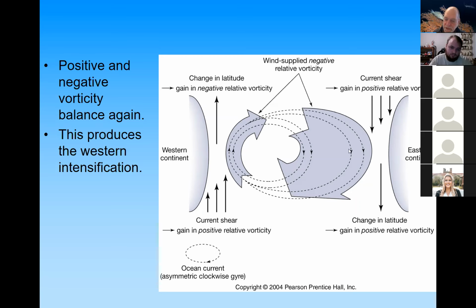And so that produces this broad, more surface-directed current in the eastern side of the North Atlantic. It's also colder because the water which is set in motion is sourced from higher latitudes, and it's intrinsically colder. It's less heated.